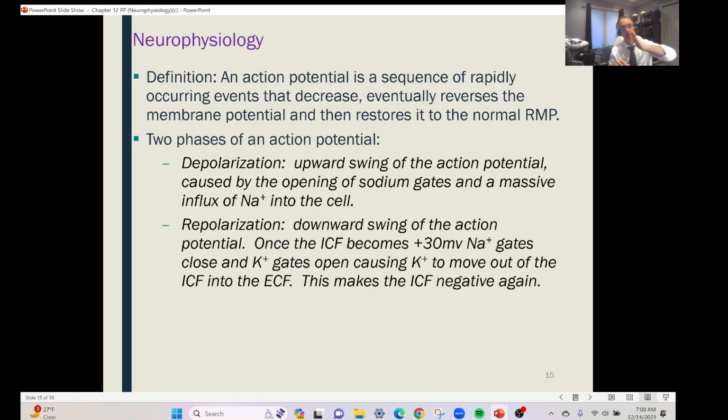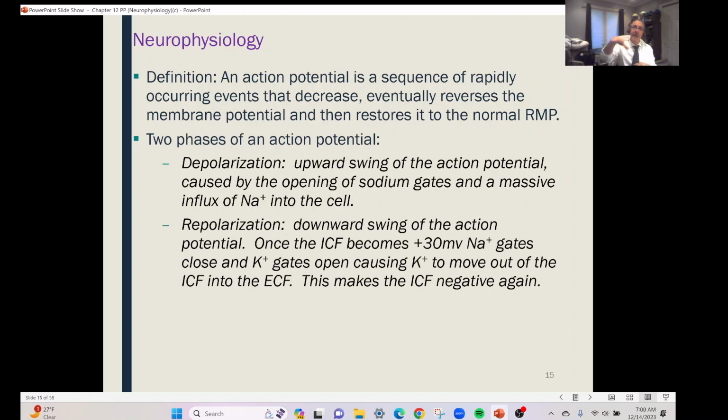And the reading on the inside of the cell is going to become more positive. Once the ICF becomes plus 30, the sodium gated channels close. No more sodium can come in. And at that point, potassium gated channels open, causing the potassium to move out of the ICF.